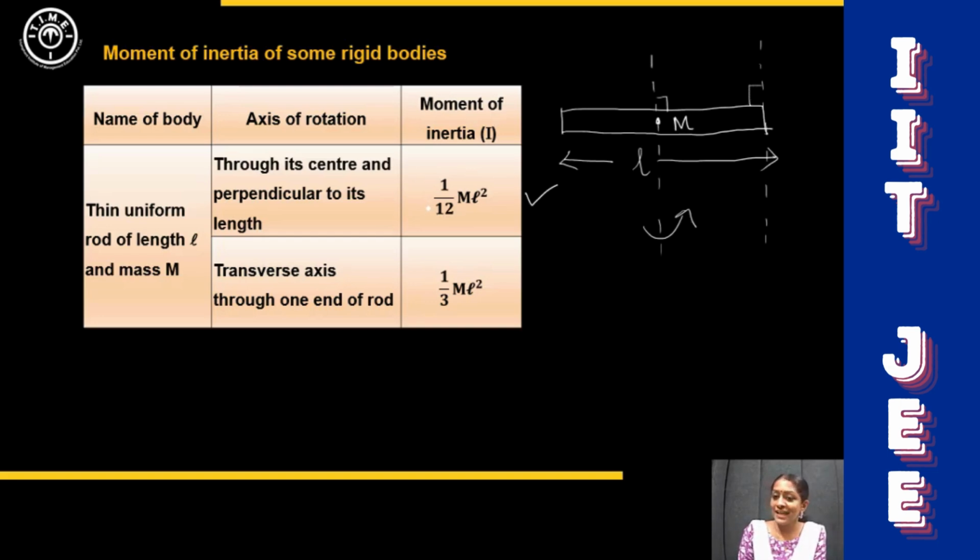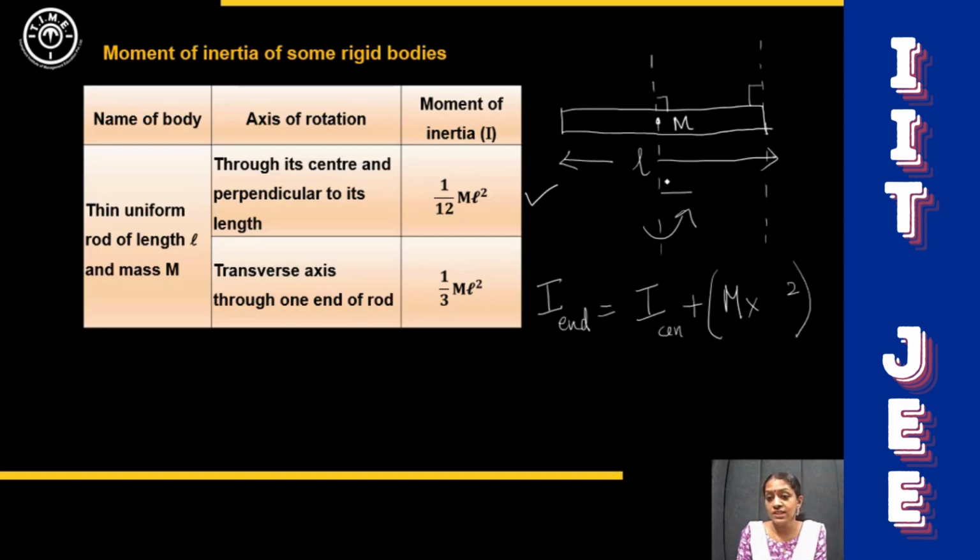That means both the axes should be parallel to each other. So, according to parallel axis theorem, the moment of inertia of this rod about the end axis is given by the sum of moment of inertia of the rod about the axis passing through center and product of mass of the rod and square of distance between the two axes.